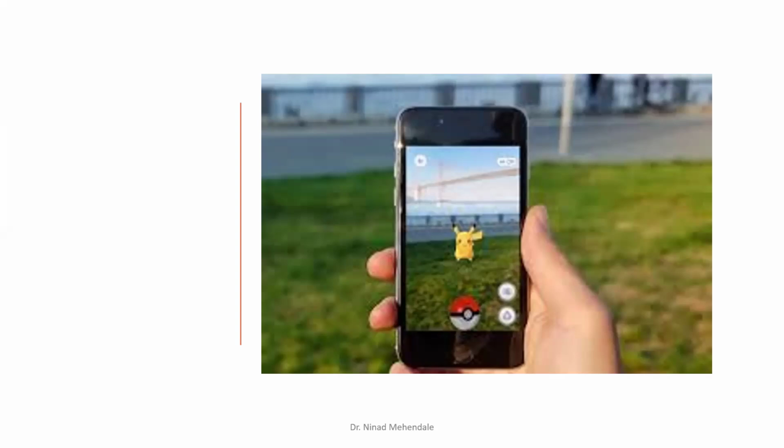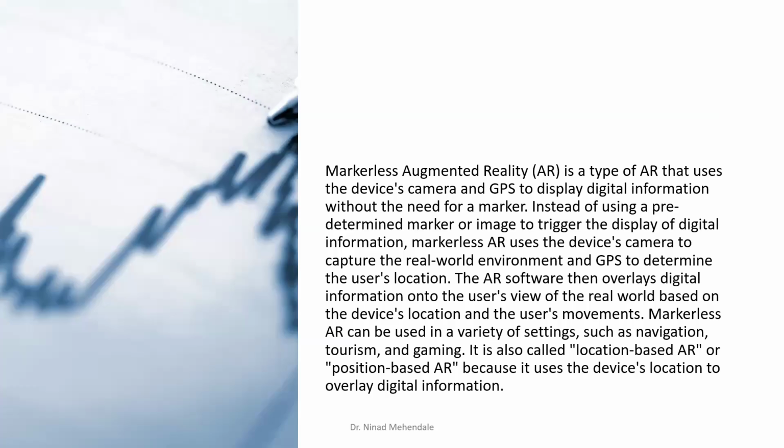So here a lot of computation is required for markerless augmentation. We do need a camera and a GPS location. Firstly, if there is no marker, we need a lot of other things to get this information from, and they are predetermined markers. Typically, we need a pre-trained model to put the image into the real world.